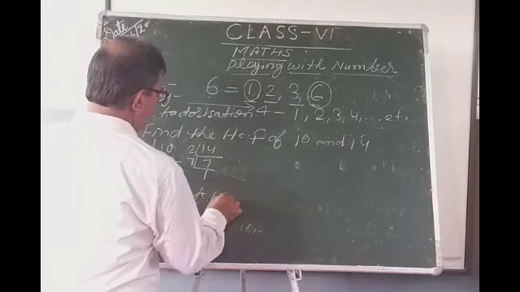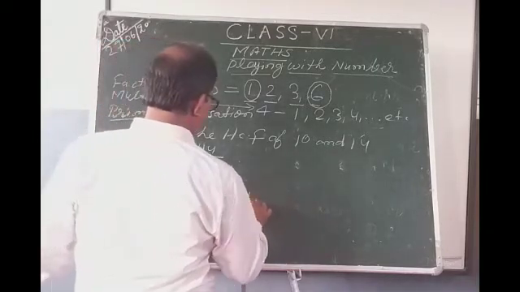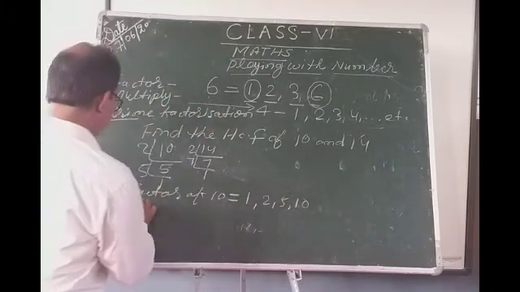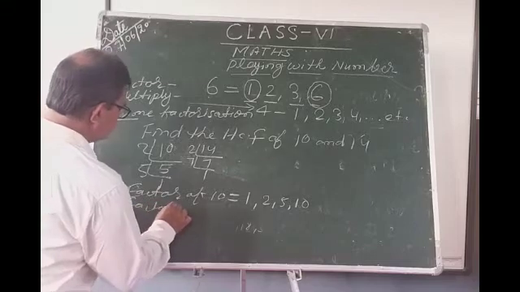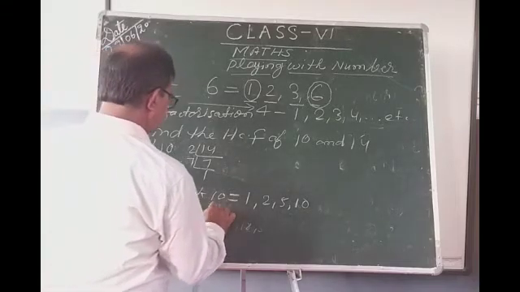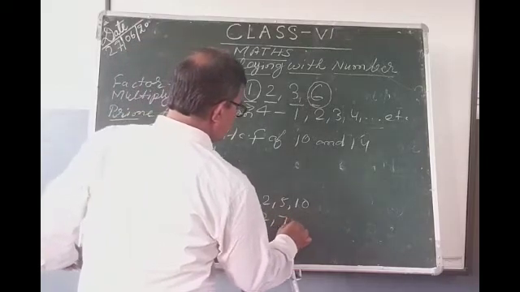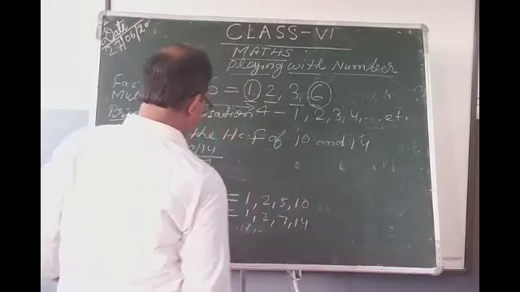Factors of 10 are 1, 2, 5, 10. Factors of 14 are 1, 2, 7, 14.